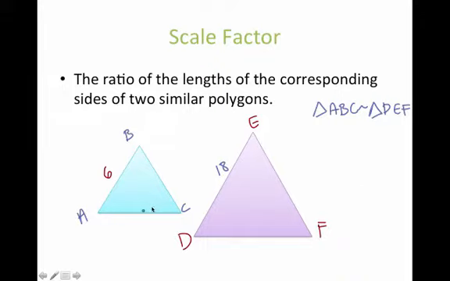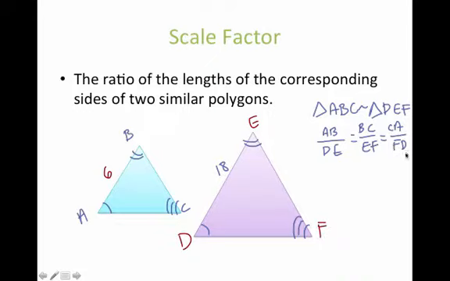So angle A is congruent to angle D, angle B is congruent to angle E, and angle C is congruent to angle F. But it also means that the sides are proportional to each other. So AB to DE is equal to BC to EF, which is also equal to CA to FD.